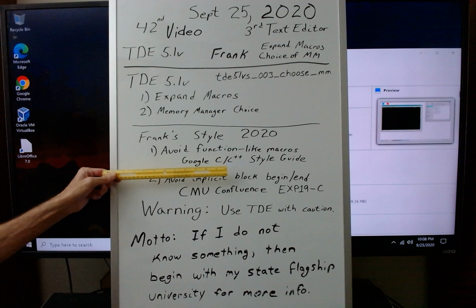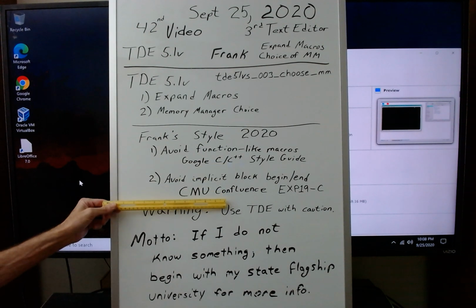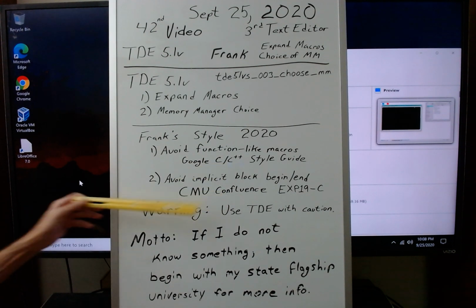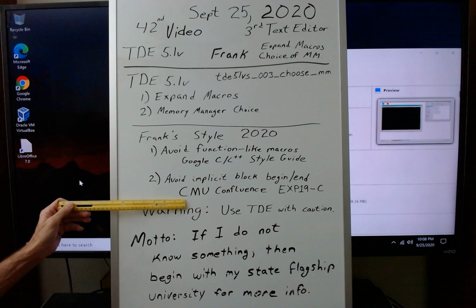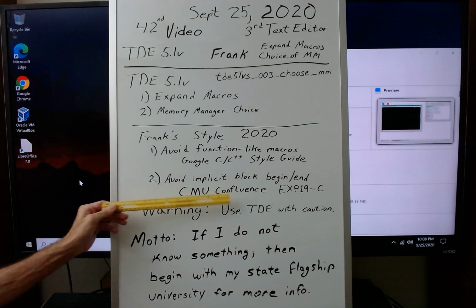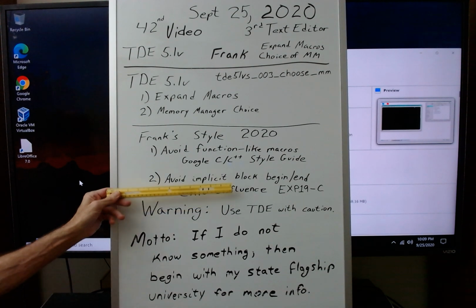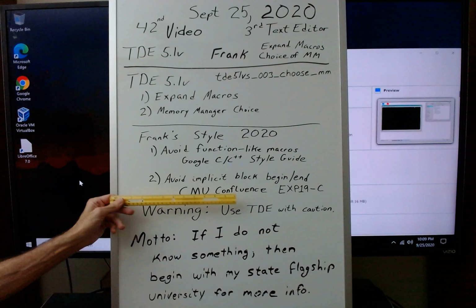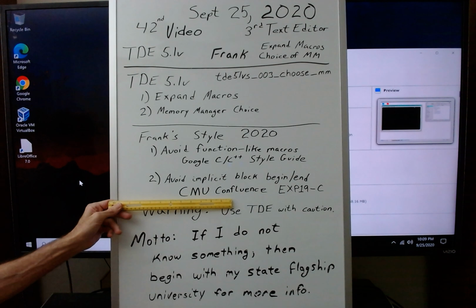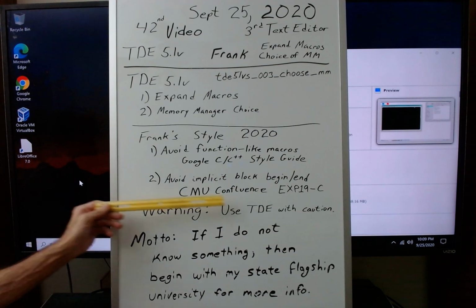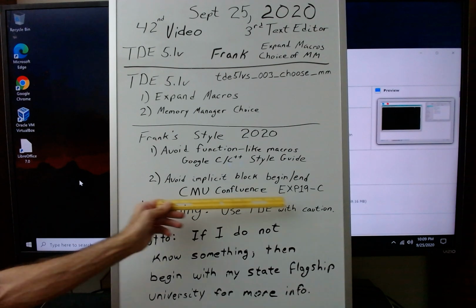So I'm going to expand the macros. Carnegie Mellon University also has a site with a style guide, and I am going to avoid implicit block begin and end. Just search for CMU Confluence.